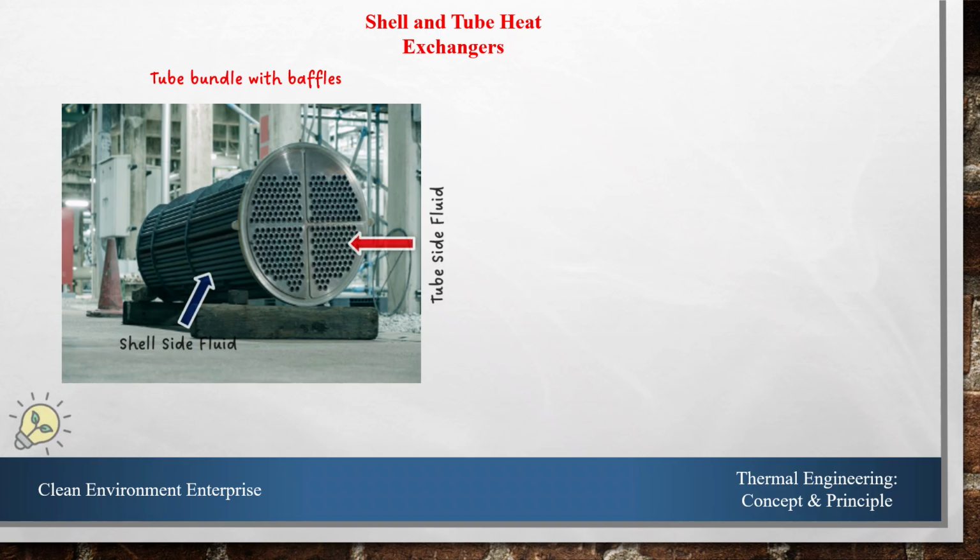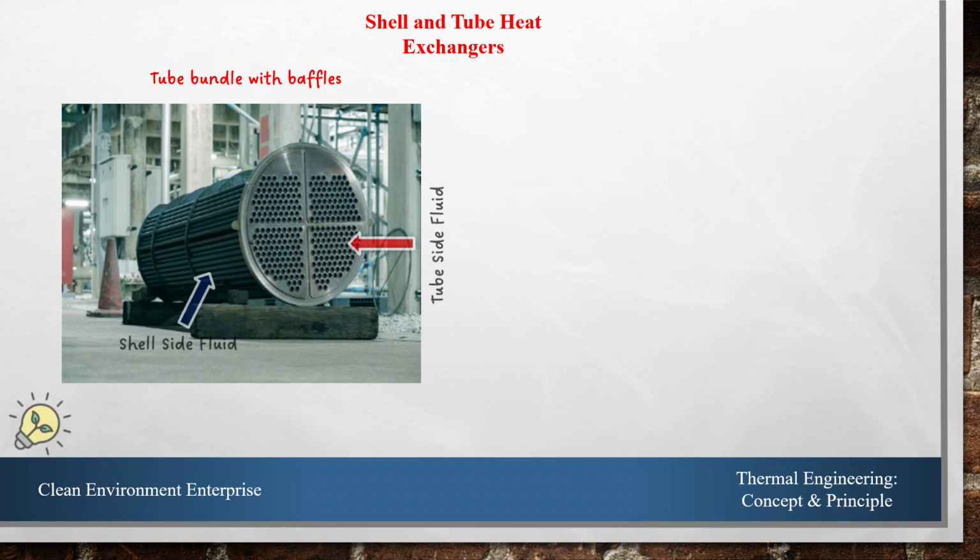So we have tube side fluid that enters through the tubes, and we have on the shell side another fluid. Of course, the objective of these streams is either to heat or cool a process fluid.